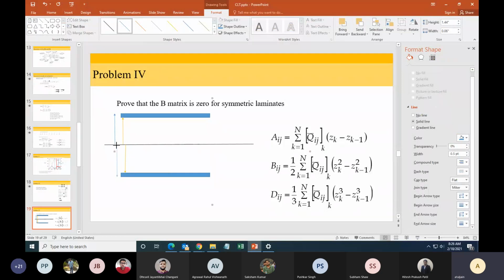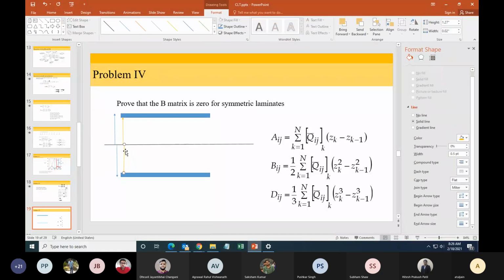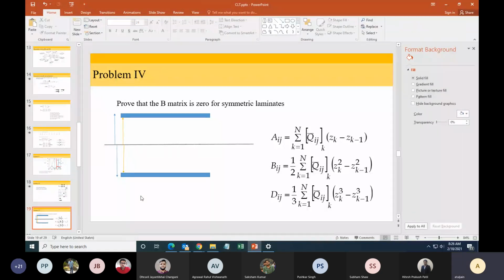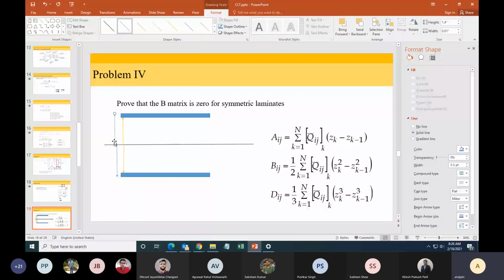So basically for the top layer, B_ij is going to be 1 by 2 Q_ij into blue square minus yellow square, where blue and yellow are the Z values. And for the bottom layer, it is 1 by 2 Q_ij into yellow square minus blue square. So the distance square terms all will cancel each other out if it is symmetric, ultimately leading to B_ij being 0.